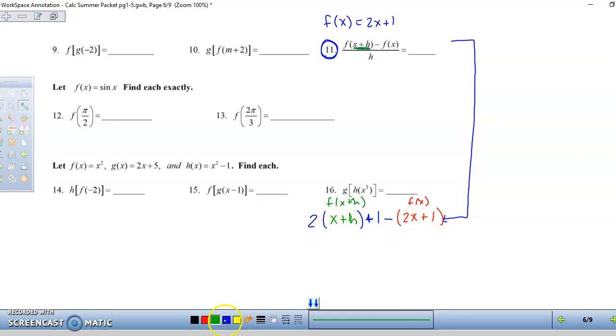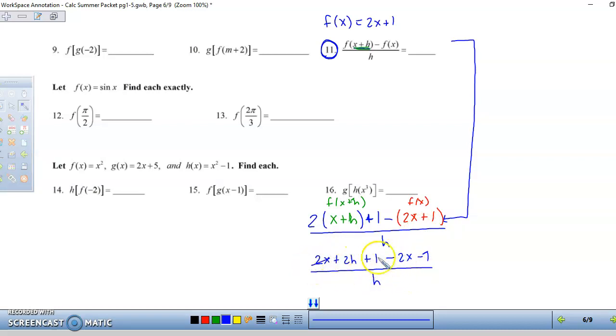Okay, in the end, you do all of that over h. Now, the goal with this particular expression when we do it in calculus is to get that h to cancel. So if your h doesn't cancel in the end, you've done something wrong. Okay, so we're going to distribute, so 2x plus 2h plus 1. We're going to distribute the negative, minus 2x minus 1, all of that over h.